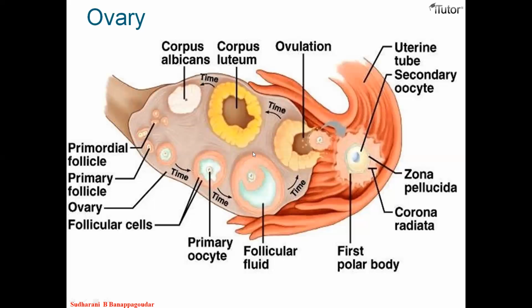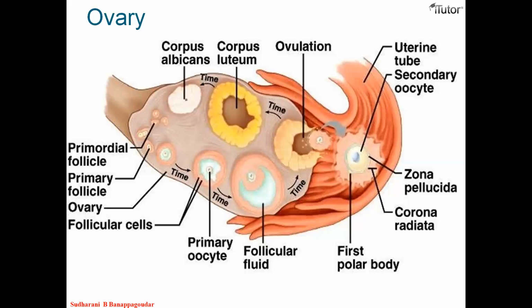When these granulosa cells get arranged, there will be a fluid filled cavity, which we call the antrum. Then these cells multiply again, and finally a follicle is formed, the mature Graafian follicle. As the functional unit of the kidney is the nephron, similarly the functional unit of the ovary is the follicle.